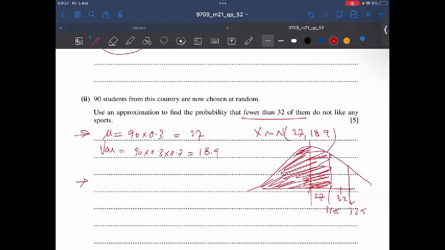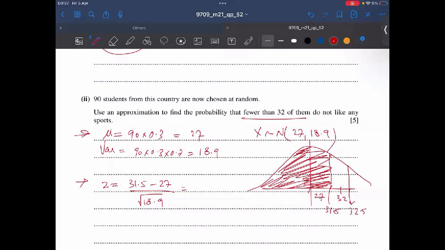To calculate the value of Z, it's going to be 31.5 minus 27 divided by the square root of 18.9. How much is the Z that we are getting?